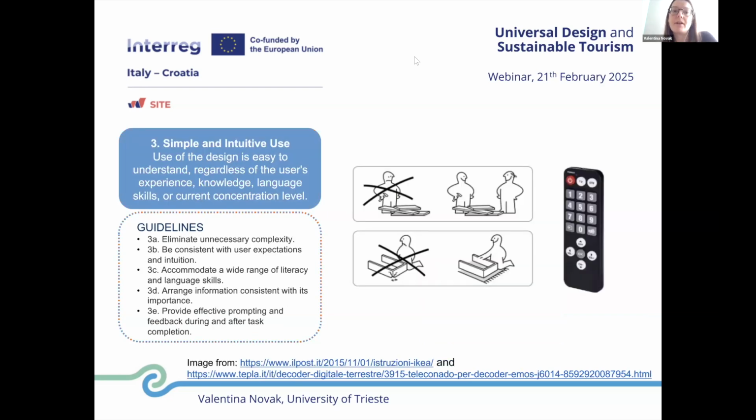The third principle, simple and intuitive use. The guidelines are: eliminate unnecessary complexity, be consistent with user expectations and intuition, accommodate a wide range of literacy and language skills, arrange information consistent with its importance, and provide effective prompting and feedback during and after task completion.